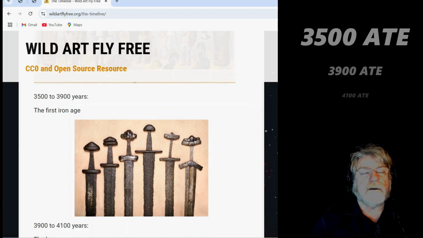It doesn't say here, but I think what happened was iron messes with magic. So as people developed technology to use iron, right, it's stronger, harder. Things get sharper with iron than with bronze.